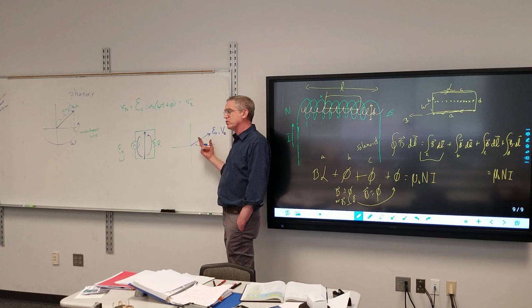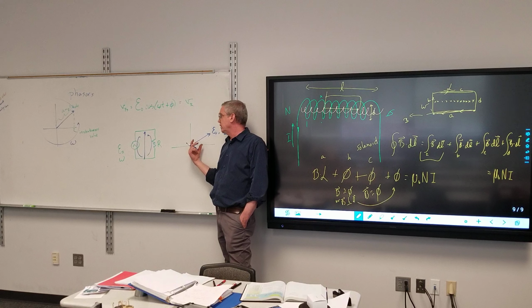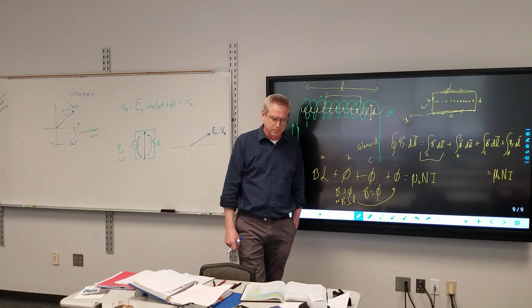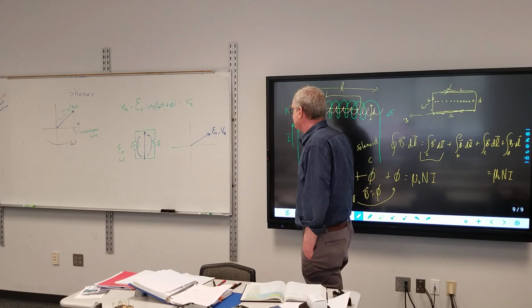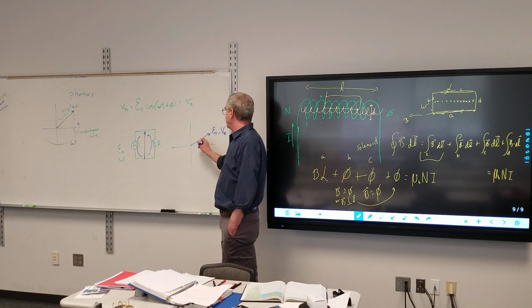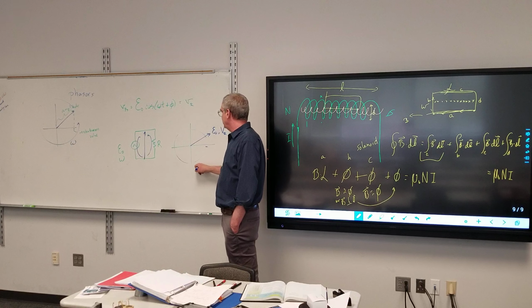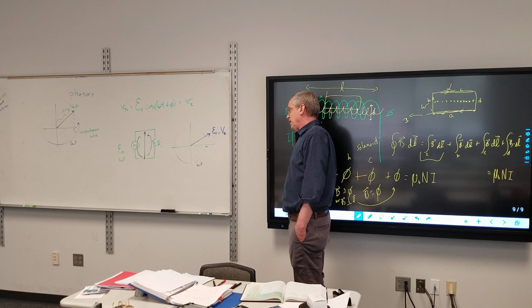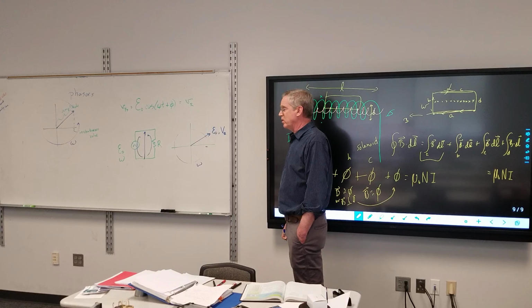The two voltage phasors are right on top of each other, they're equal to each other. That represents this incredibly complex AC circuit. This phasor is spinning around at an angular frequency of omega.